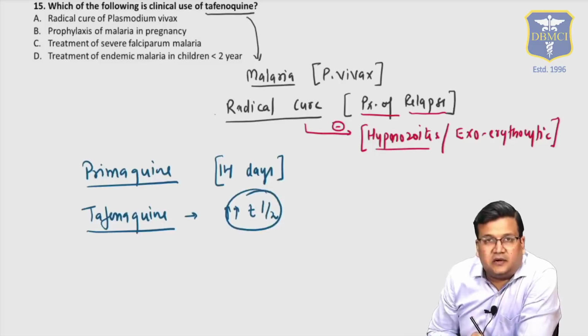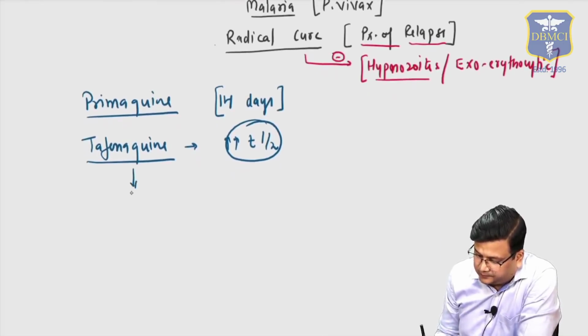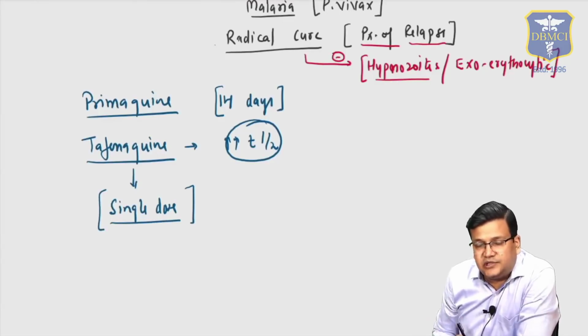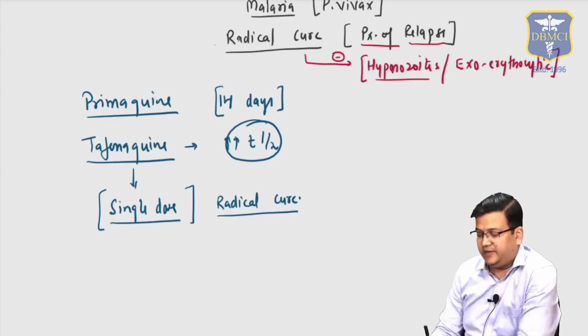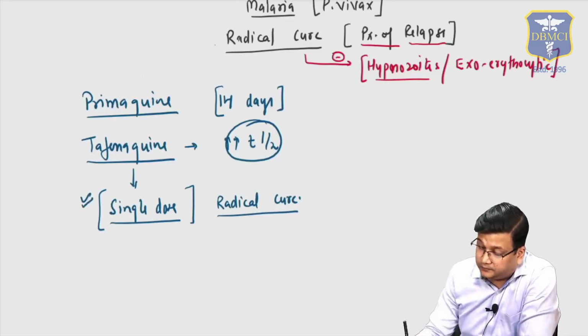The plasma half-life is much longer than primaquine, so it can be used as a single dose. Instead of 14 days, we need to give just a 1 day treatment, single dose radical cure of vivax. So that is what tafenoquine is used for.